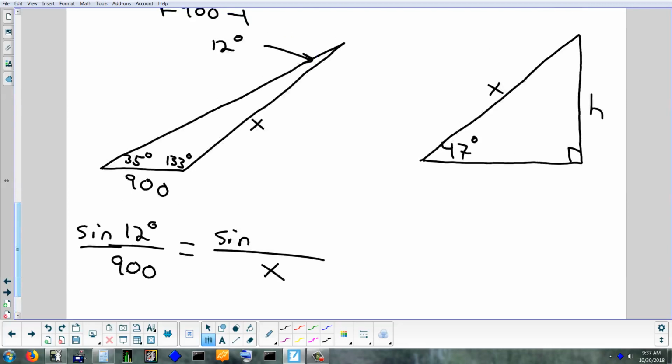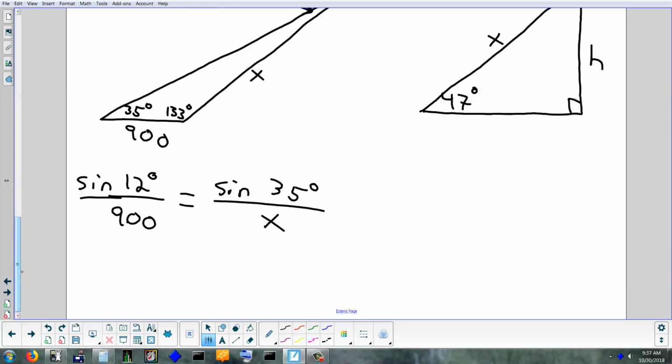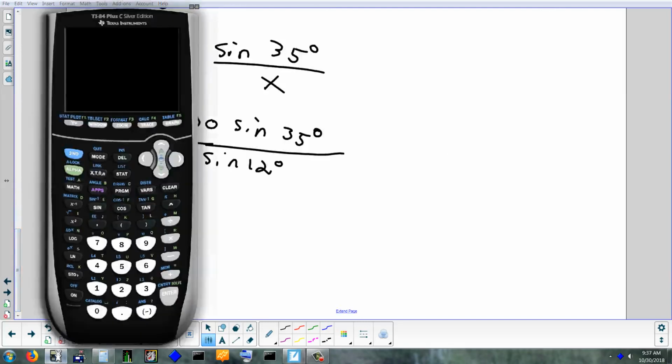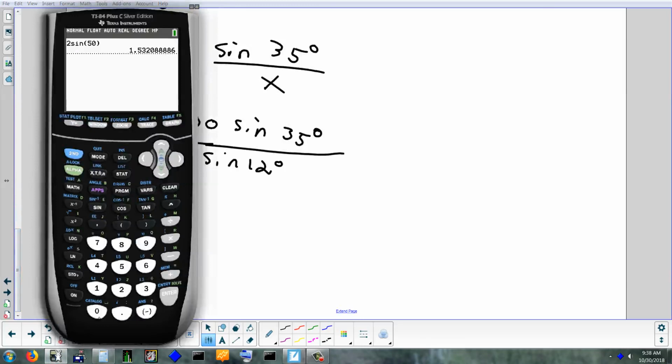What angle is across from x? 35. Okay, so now solve for x. 900 sine 35 over sine 12. So we get 900 sine 35, close parenthesis, divided by sine 12.